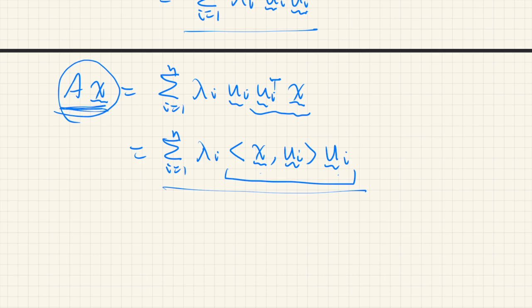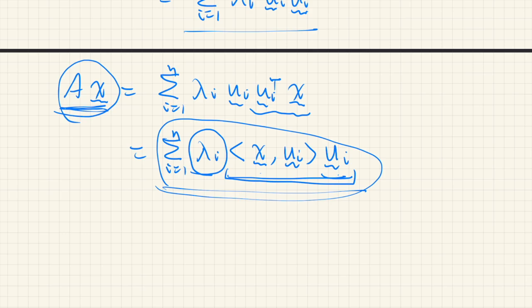First, we project x onto each eigenvector component, then scale that component by the eigenvalue. Then we add up all the contribution from each eigen component. And that is what A does to the vector x.